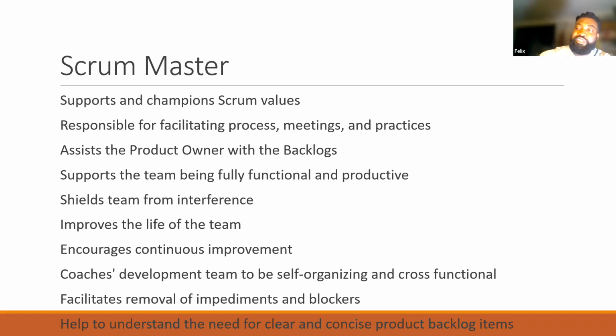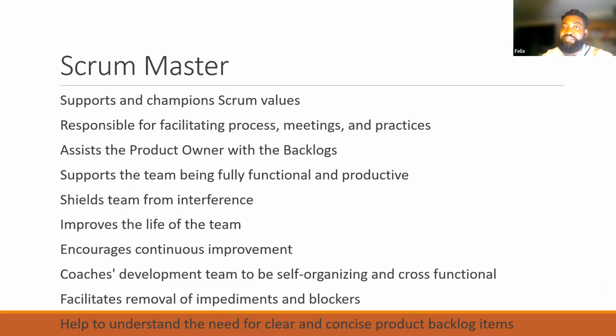Also, apart from all these lists, as a Scrum Master you need to be doing a lot of research to find ways to make your team better. So you have to always be on your toes, making sure your team is good and has everything they need in regards to the right environments when they're working. You assist with the facilitation of impediments or blockers, however you want to put it.